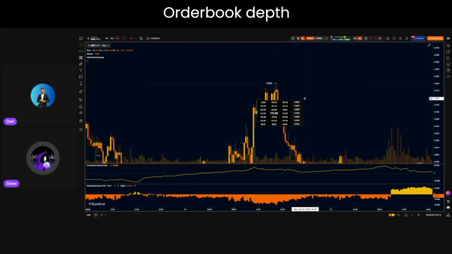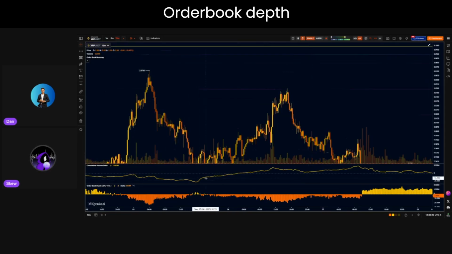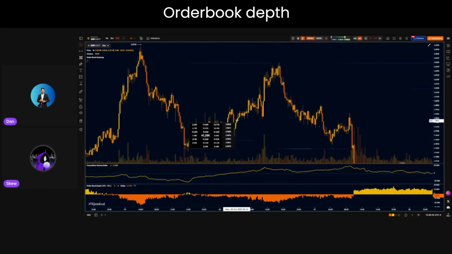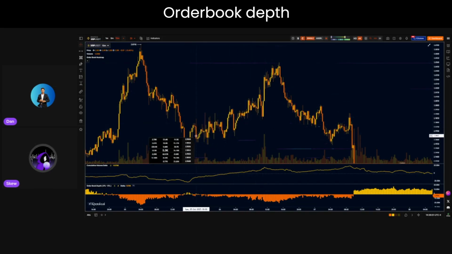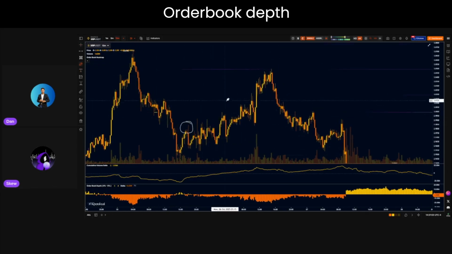And then when it comes to absorption, what you typically see is CVD grinding higher, right? It's leading with price action. So this is all takers, which is market buying. Typically it's market buying because you have all this increasing ask depth, and you can see it with all these wicks.